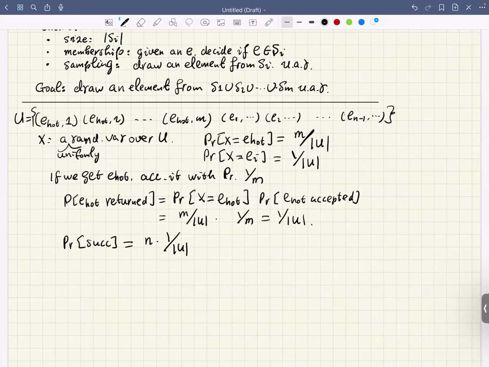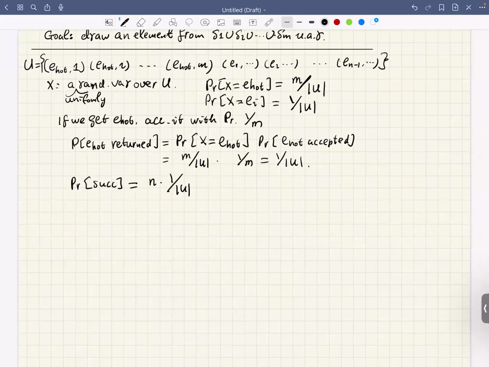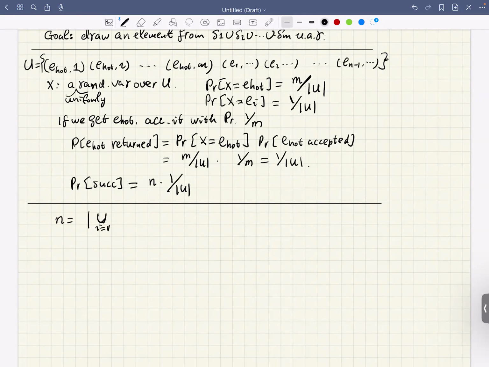Okay, good. Well, let's generalize this idea so that we can get the baseline. So now we will have a general situation. We will assume that the total number of elements is N. So this is the size of the union, the size of the union.